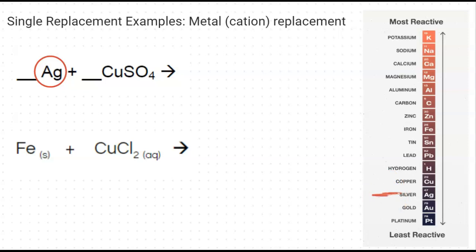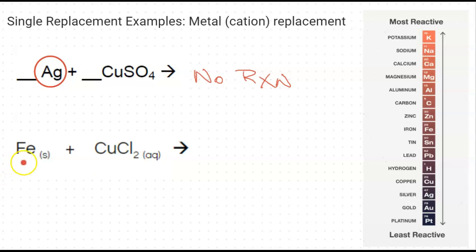The least reactive element winds up alone. Since silver is the least reactive element and he's already alone, I don't actually have to do anything to this problem. The least reactive element is already alone, so on this particular example, no reaction takes place.